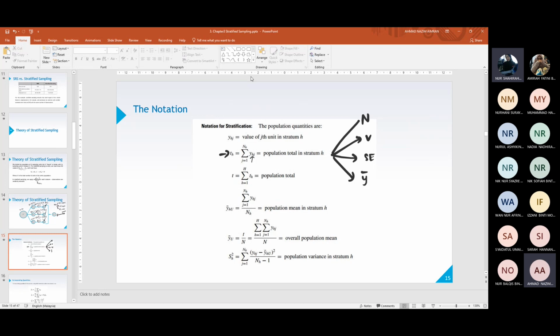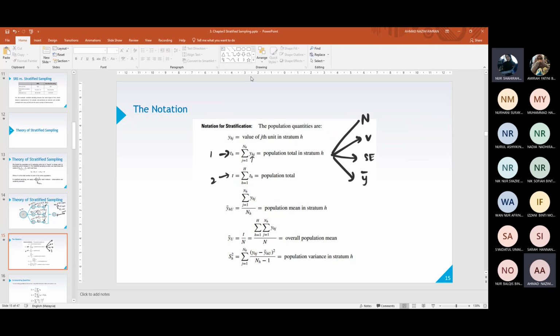And from this, you can calculate the estimate of the population total by summing up all the estimated population totals in each stratum. The second one is an extension of the first one, right?